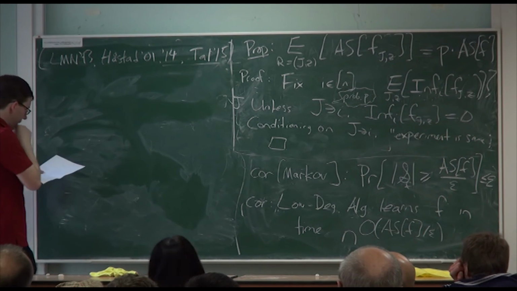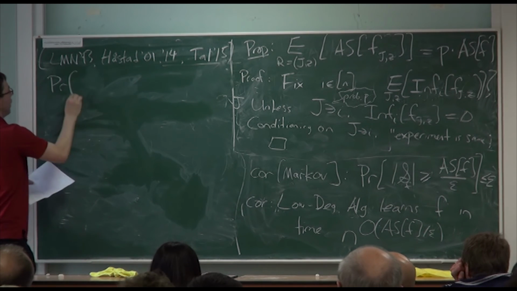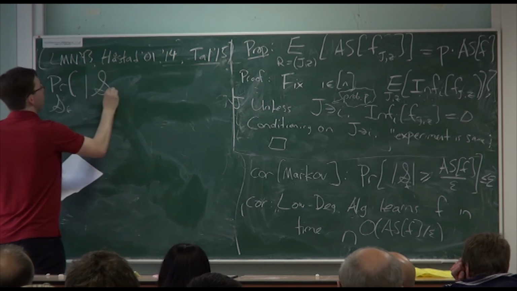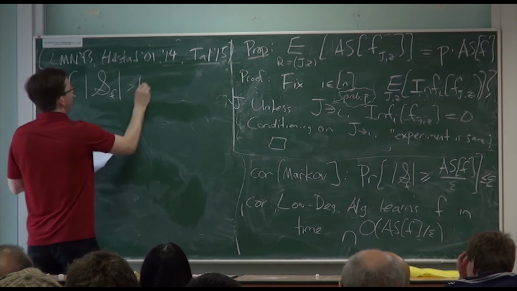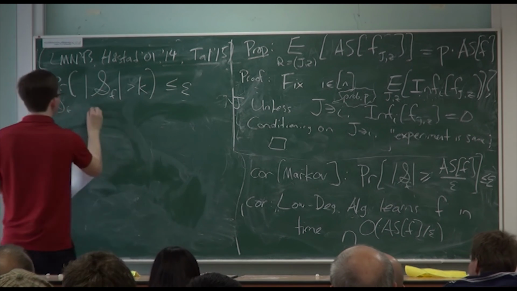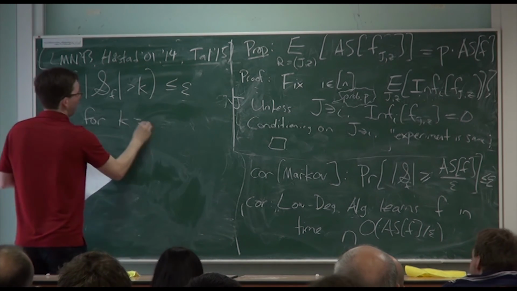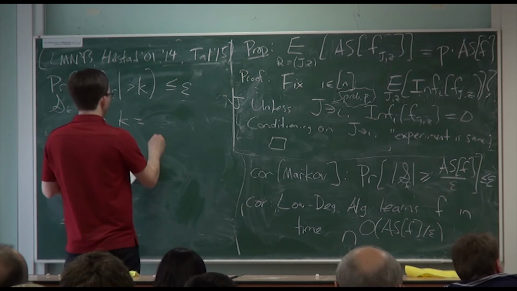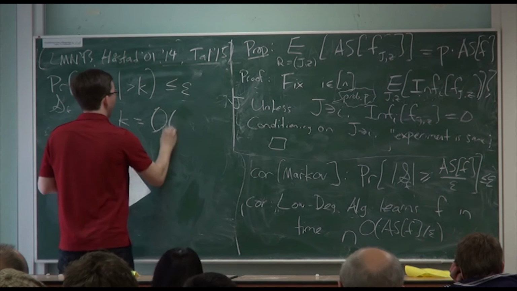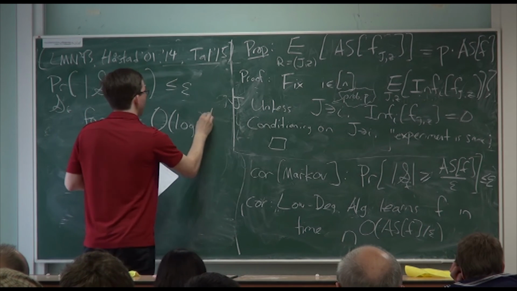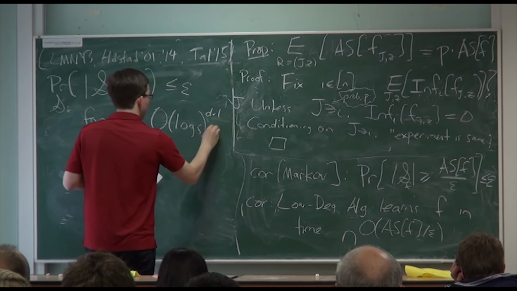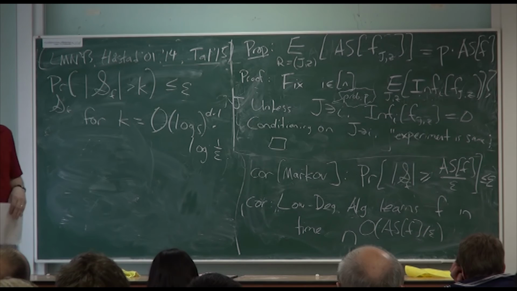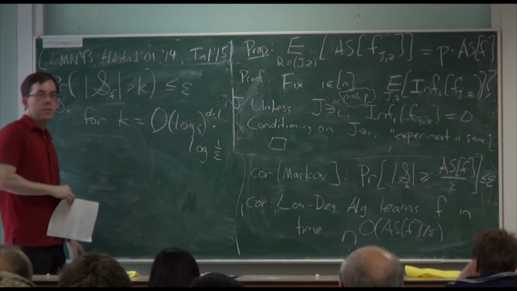They showed slightly better statements about the Fourier spectrum: the probability over the spectral sample S of f that the size of S is bigger than k is at most epsilon, for k instead of log s to the d minus 1 over epsilon, you get order log s to the d minus 1 times log 1 over epsilon. That's a lot better, because then you can take epsilon to be 1 over poly n and still get quasi-polynomial time.